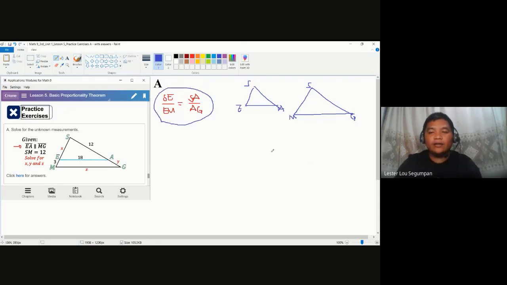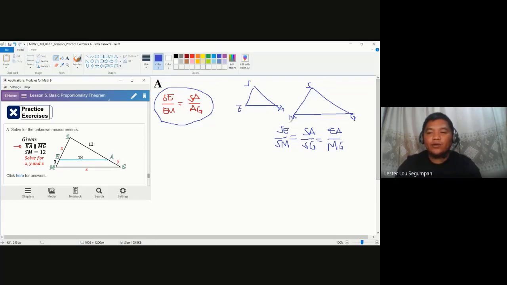For the whole triangles, SE over SM is equal to SA over SG equal to EA over MG. This relationship is for both triangles. Take note that it's SM the whole side, not EM only, and it's SG the whole side, not just AG only.